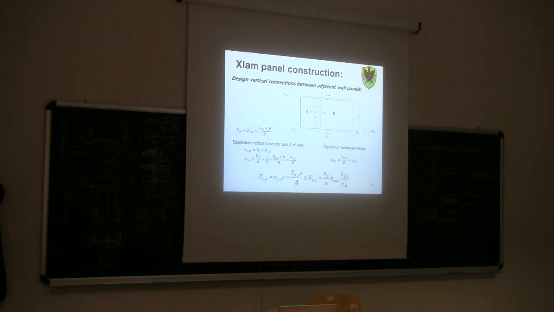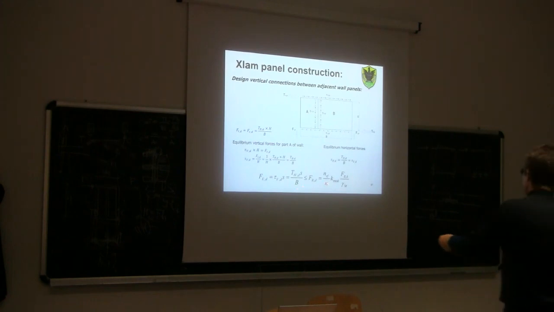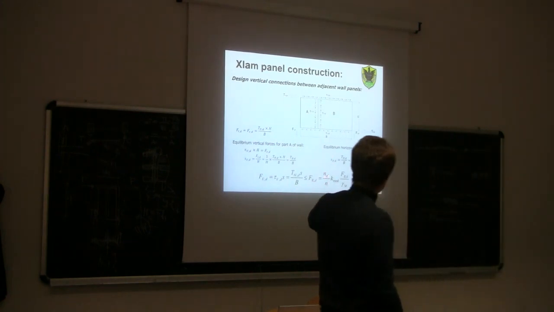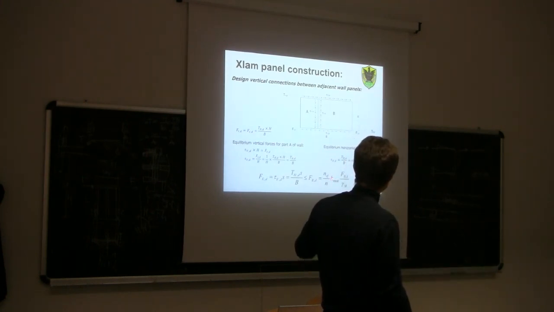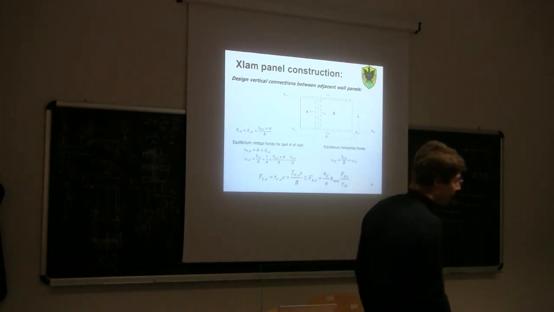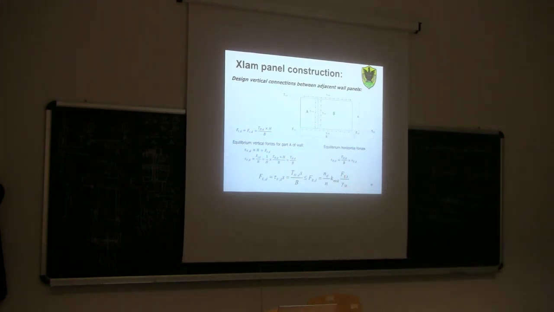So if we replace with the value we saw before, it's THD times S divided by B. And this shall be less than the resisting strength of a screw, which would be the normal formula: effective number of screws divided by the number of screws, because they are aligned in one line parallel to the grain, times K mod times FRK divided by gamma M, where FRK is taken from Johansen equations.